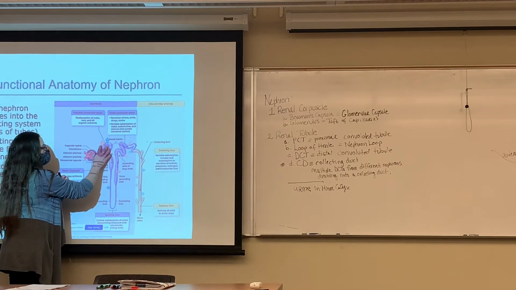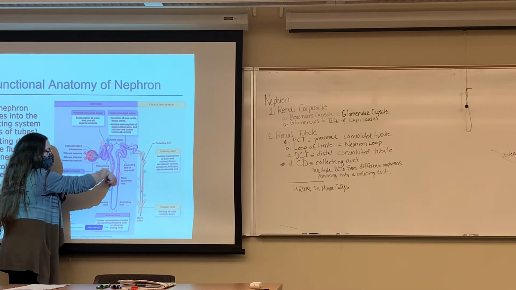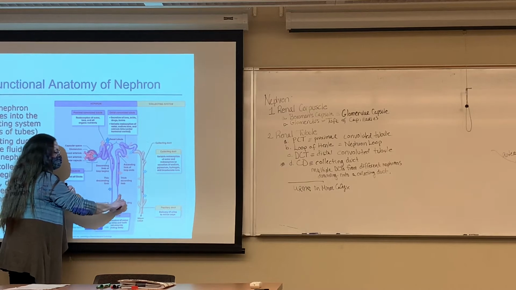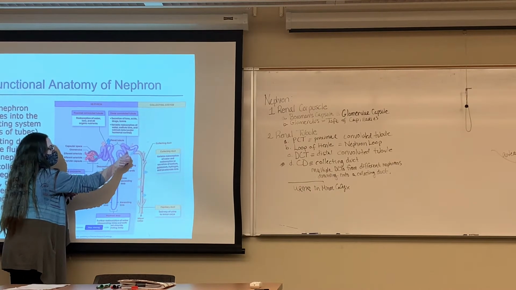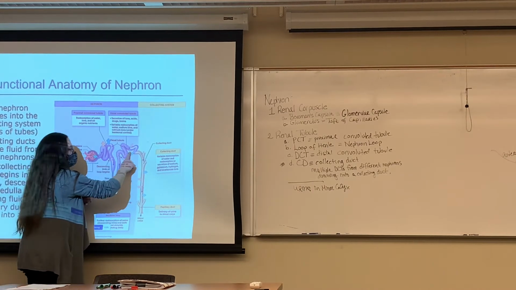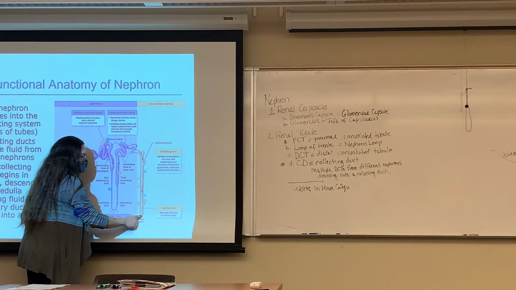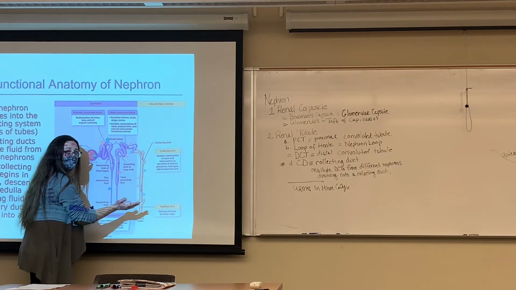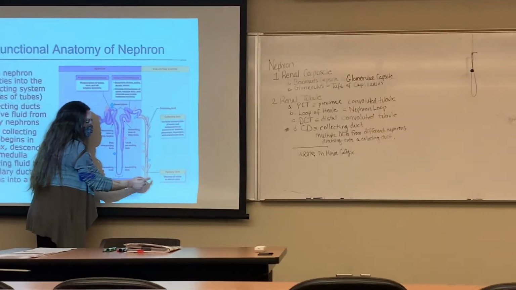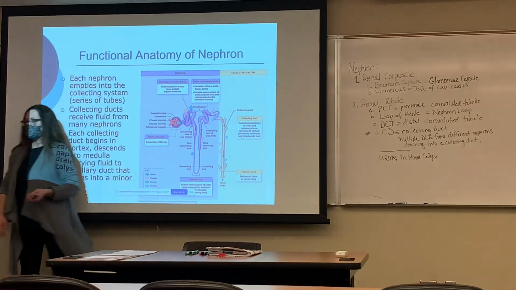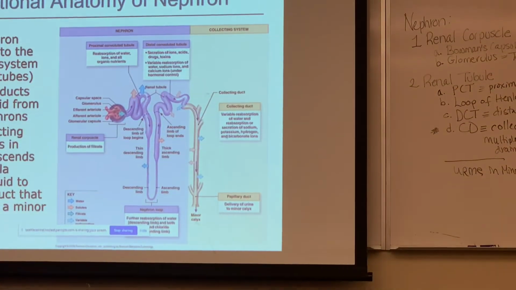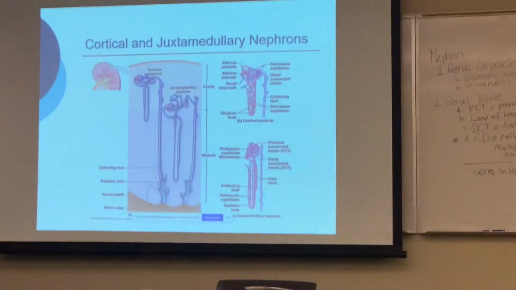So cortex, loop of Henle dips down into the renal pyramid. DCT, we're back in the cortex, and then the collecting duct dips down into the renal pyramid, so that the end of it is down there at the base of the renal pyramid, and what comes out collects in the minor calyx.